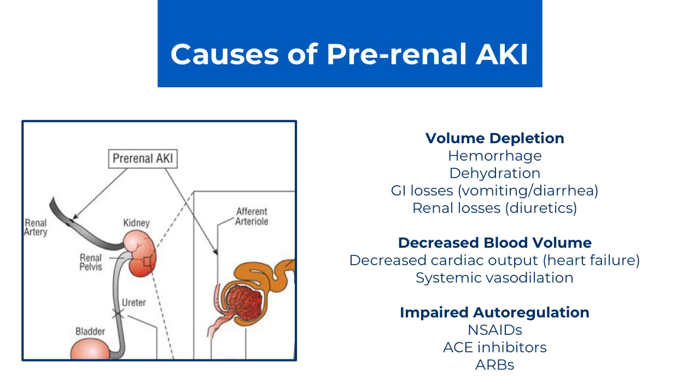Volume depletion could come from a number of sources: hemorrhage, for instance, severe dehydration, GI losses through vomiting and diarrhea, and through use of diuretics, and that causes renal losses. Patients with lower cardiac output due to heart failure also may have decreased blood volume and therefore lower kidney perfusion. The most common drug-related causes of pre-renal AKI are the NSAIDs, the ACE inhibitors, and the ARBs.